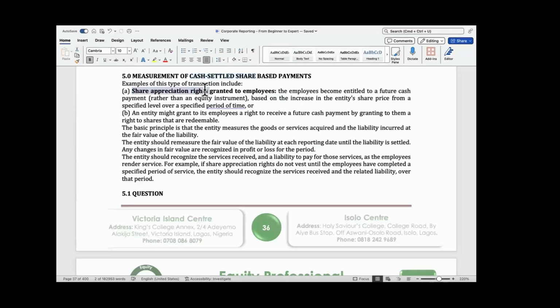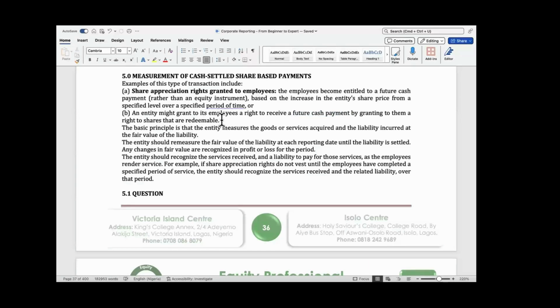They call that share appreciation rights, where the company says, I will give you a certain number of shares based on the increase in my share price. That's a form of cash settled. Or it could be that the entity grants the employees rights to future cash payments by granting them rights to shares that are redeemable.